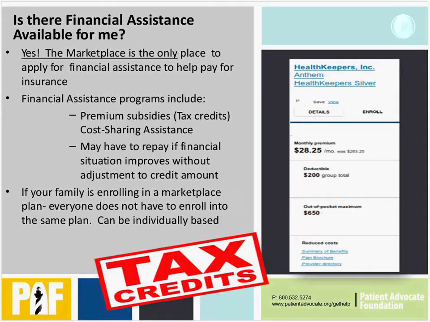If your family is enrolling into a marketplace plan, everyone does not have to enroll into the same plan. Remember, it's individually based, so it's not like employer-sponsored health insurance at all. You actually can have different plans for different parts of your family.